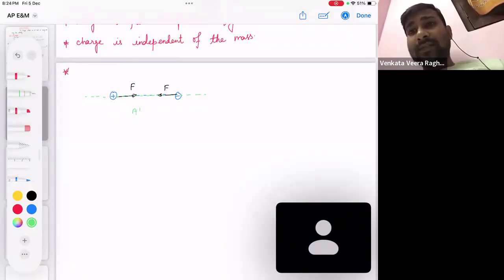Here we have taken two opposite charges, so they apply attractive force on each other.